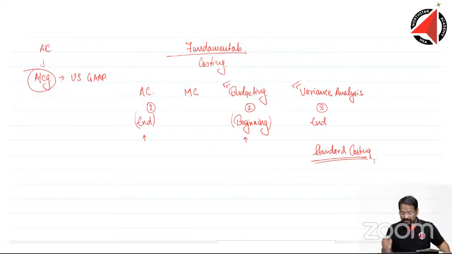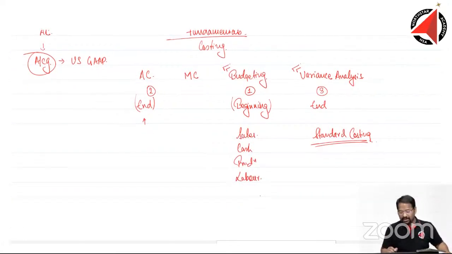Budgeting, the entire budgeting syllabus is covered, where we do sales budget, cash budget, production budget, labor budget. All of these are very much covered in the syllabus, most important being the sales budget and the cash budget.